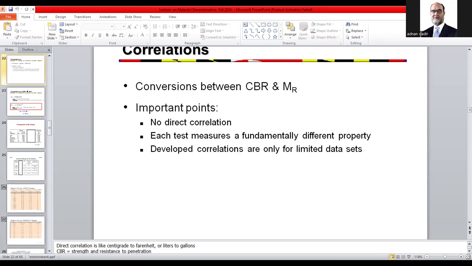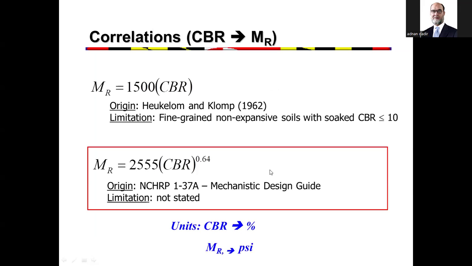Up to 1993 or 1998, people used this relation while designing a pavement: MR is 1500 times the CBR value.